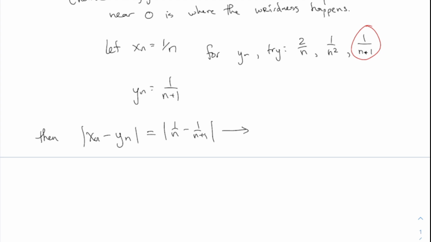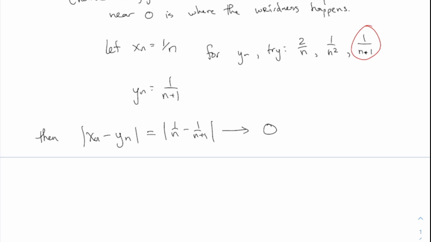It is 0. If you remember, you're just doing simple limits from calculus, 1 over n goes to 0. 1 over n plus 1 also goes to 0. So this goes to 0 minus 0, which is 0. So this goes to 0. Each of those fractions, when the n goes to infinity, the fractions go to 0 because the n's on the bottom.